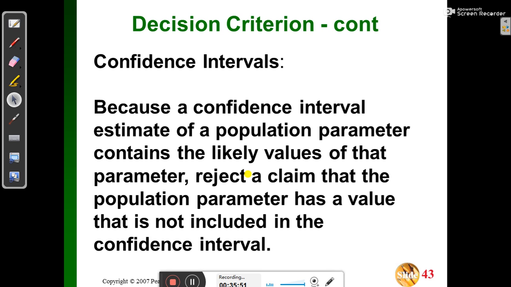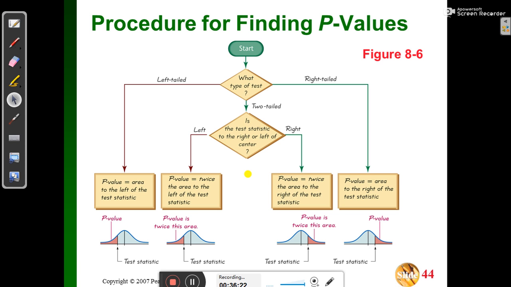So in a distribution, it might be a normal distribution, a binomial distribution, or an exponential distribution, we can put some confidence interval, and if the value falls within it, we can support our statement. But if it does not fall in the confidence interval, then we cannot claim that statement.